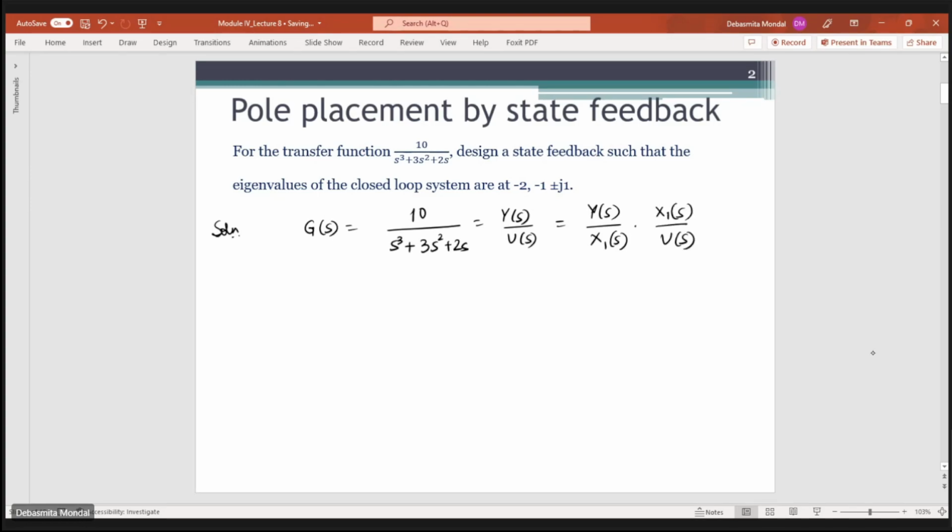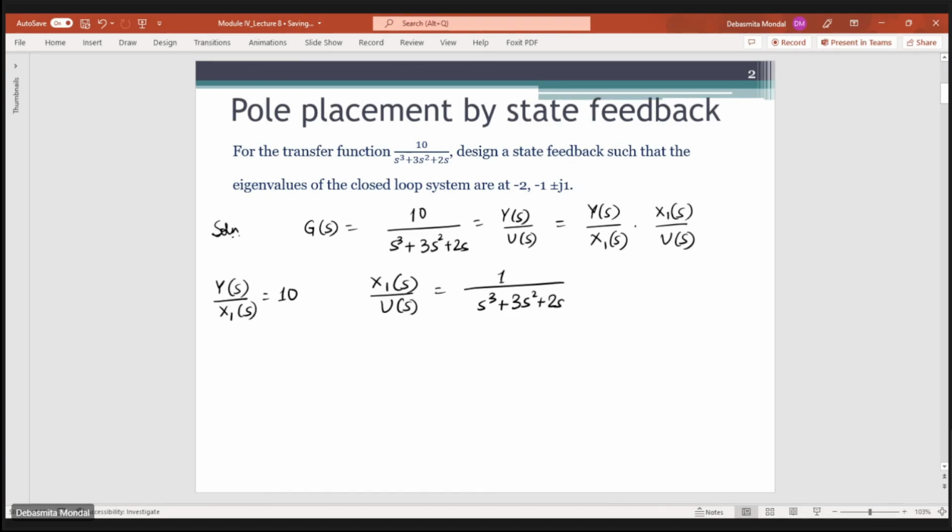This is equivalent to this, and the X1(s) gets cancelled out. From these equations we can write that Y(s) by X1(s) equals 10, and X1(s) by U(s) equals 1 by s cube plus 3s square plus 2s.